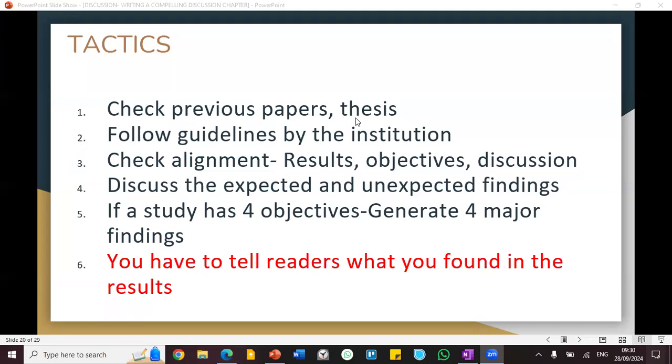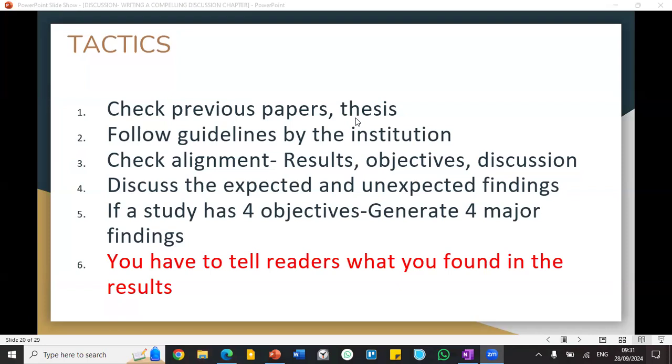In case you have 4 objectives, we expect you are going to have at least 4 major findings and their discussions, because most of the comments by your supervisor will be that your discussion was not made in relation to the objectives, or your discussion has only discussed 2 objectives and left the others. That should not happen. In this discussion chapter, it is you who will tell the readers what you really found.